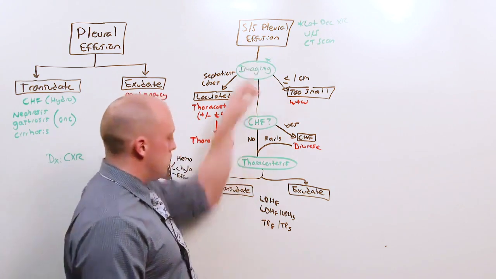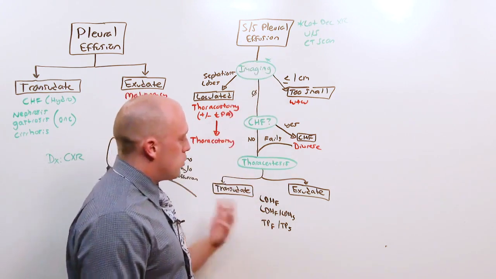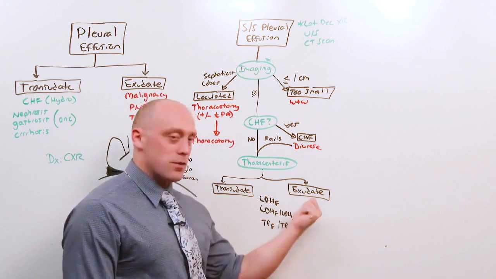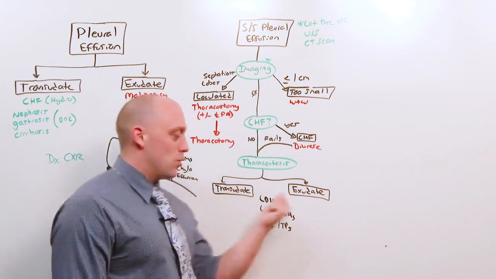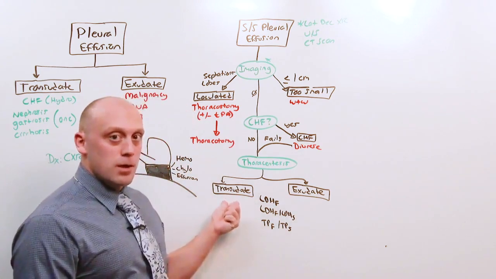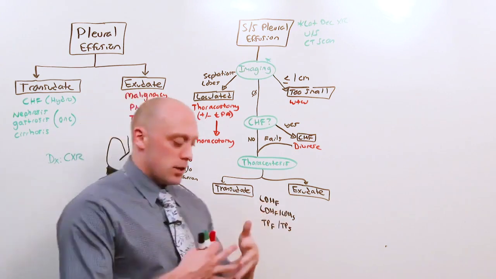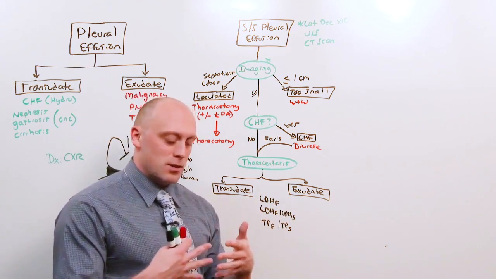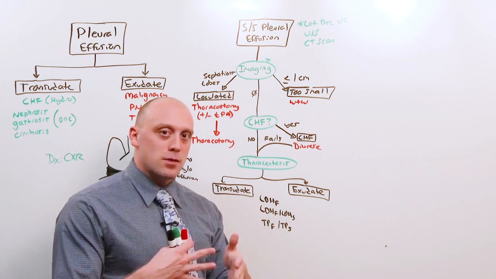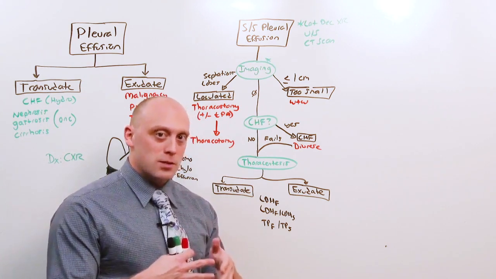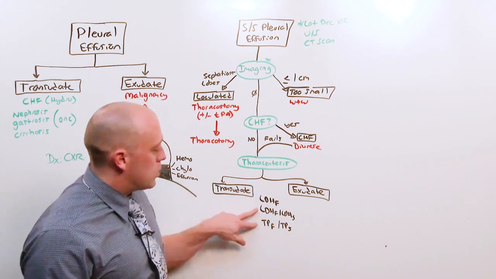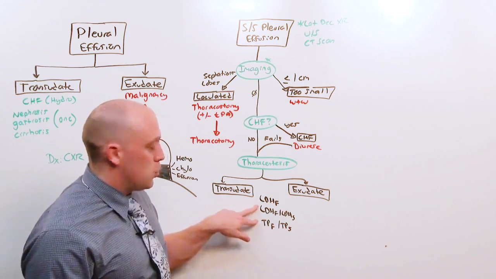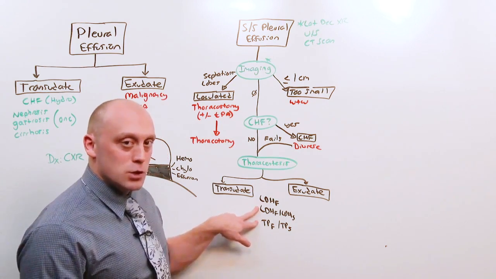What you're trying to decide is, is there stuff in the pleural space, or is it just a bunch of fluid? You can imagine if you've got leaky capillaries from inflammation and it's an exudate, stuff's going to leak out into the pleural space. If you have a lot of stuff in the pleural space, the numerator goes up, the ratio goes closer to 1.